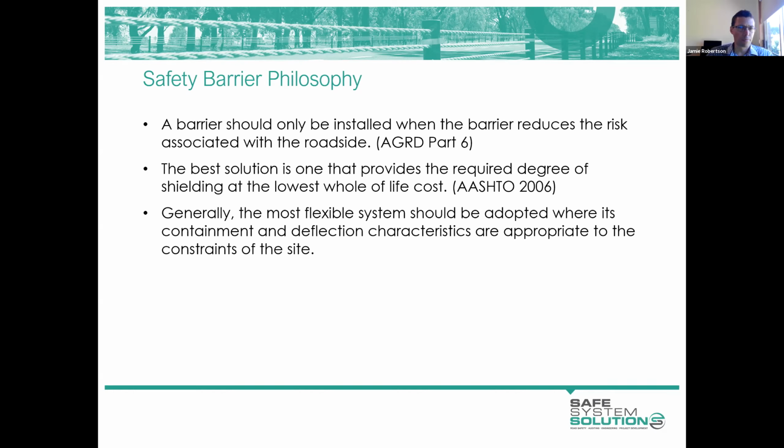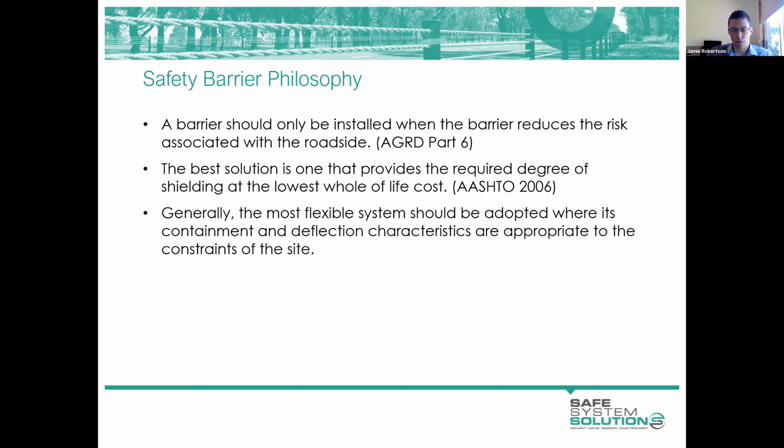AASHTO talks about whole of life cost, and this is an increasingly important consideration where we're installing long lengths of continuous barrier. The comparison is usually made between wire rope and flexible W-beam products.